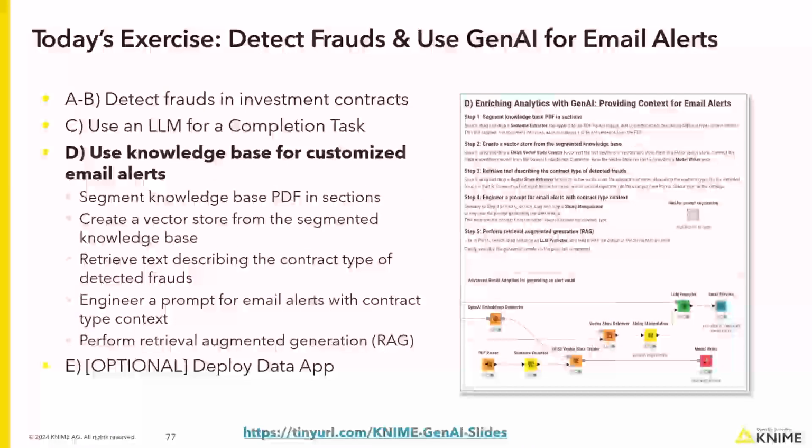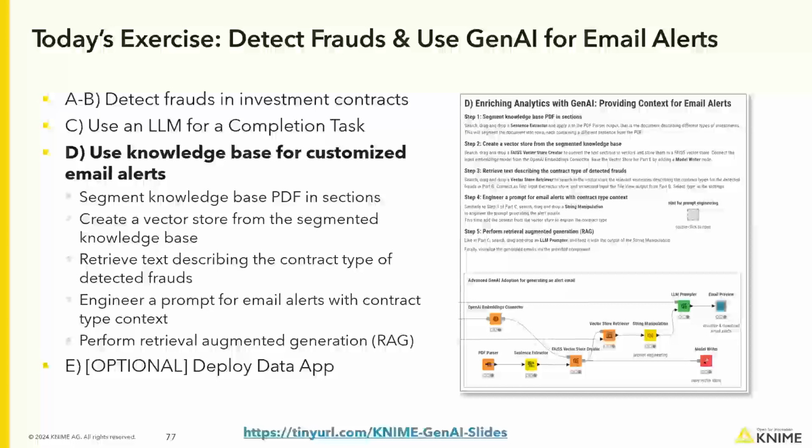And in D, on the other hand, we're going to be taking a step further and use a knowledge base for customized email alerts. We're going to initially read a PDF that contains this bank-owned description of this investment contract. We're going to partition this document into smaller chunks to avoid exhausting the context window of the model.